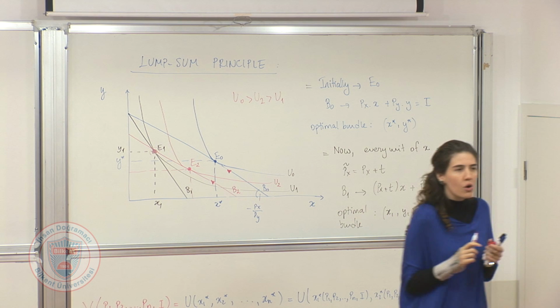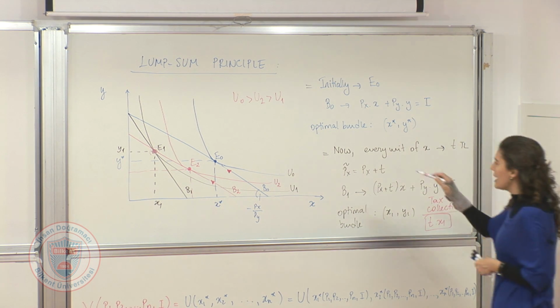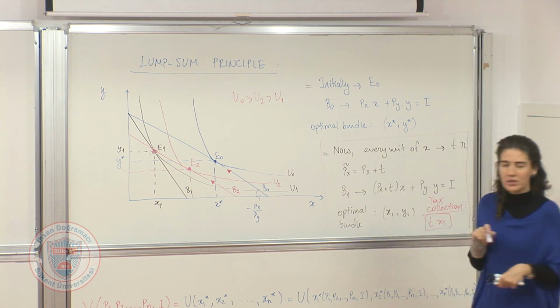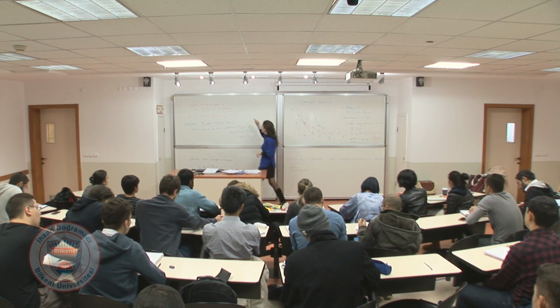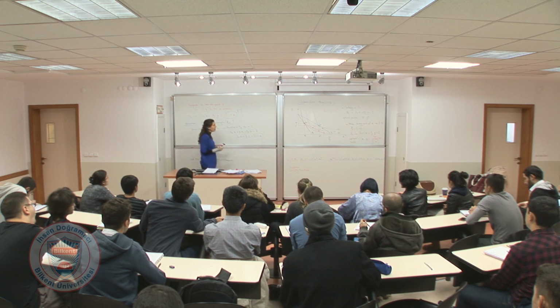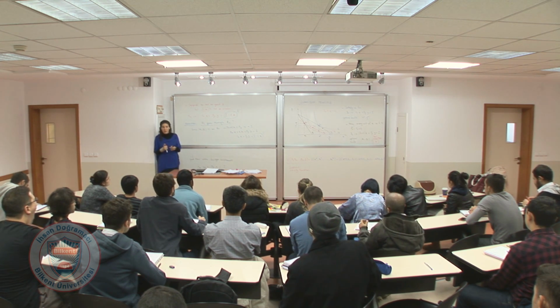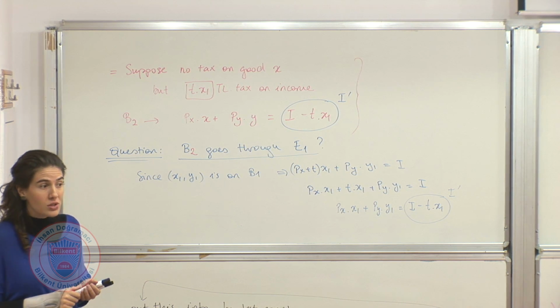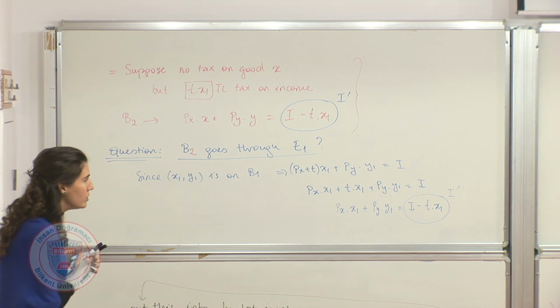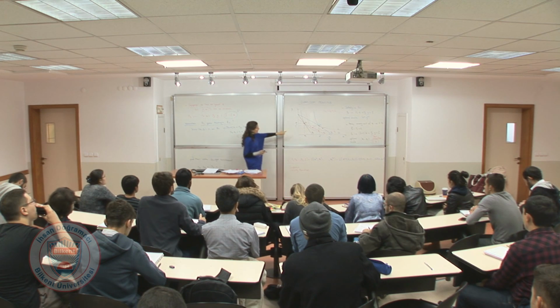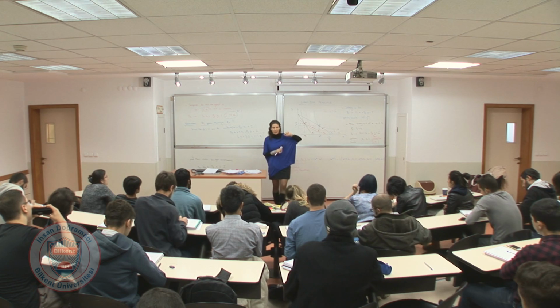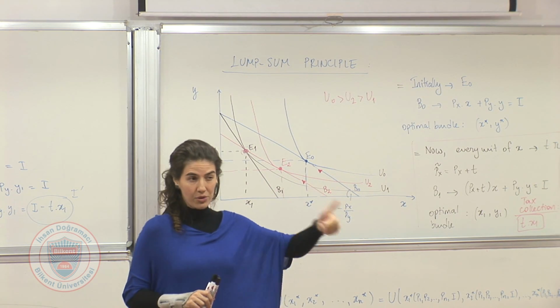Remember, I have the black case where you were taxed on the good, and here I have the red case. So which case do you think the consumer would prefer? The red case, right? Where they are taxed on their income. Because this way they can be on a little bit of a higher indifference curve, okay? So we showed it with a graph.